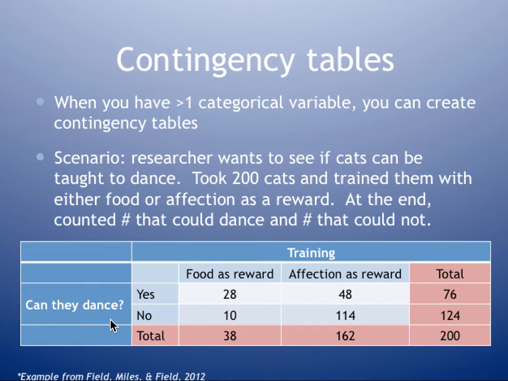The number of cats that could not dance, 10 who had food as a reward, 114 that had affection as a reward, 124 total. So a contingency table is actually a table that has these total columns in them. And this is important for what we're going to be doing going forward. So when you have 2 variables like these, you'll make your table, you'll want to make the totals, total column and row.